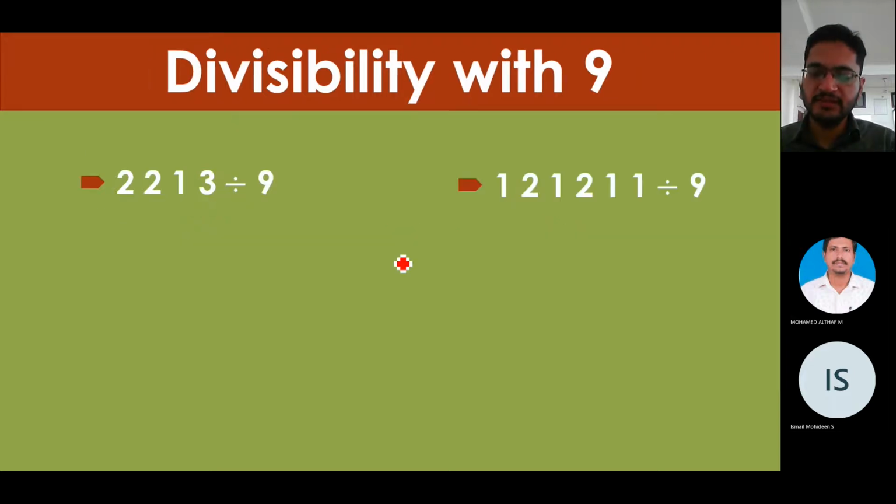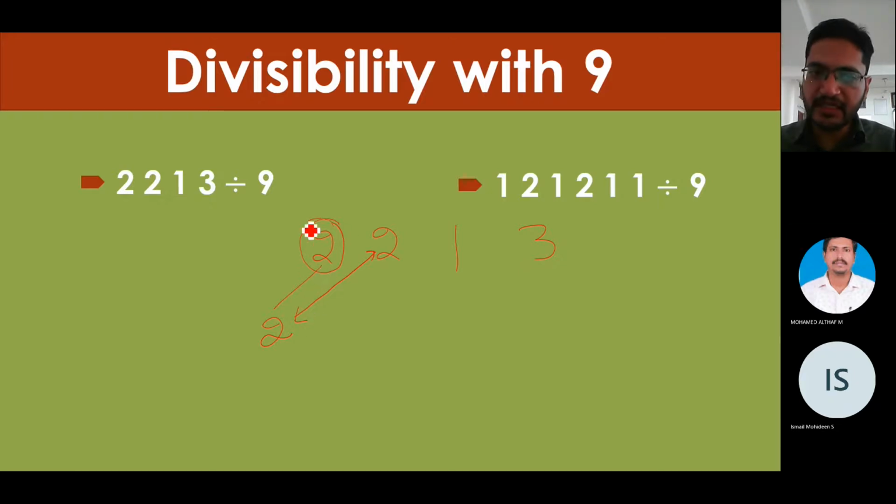Now next is the divisibility rule with 9. So here we have to divide 2213 with 9. Now first of all, we will write this number as it is. In the second step, we will add these numbers.